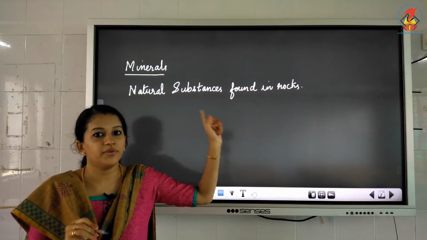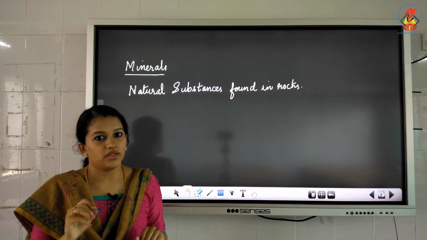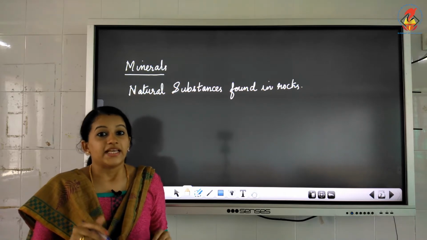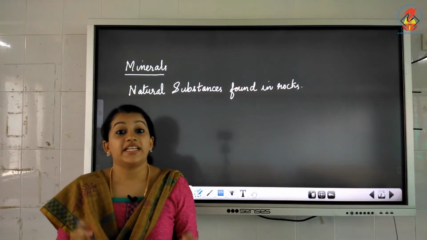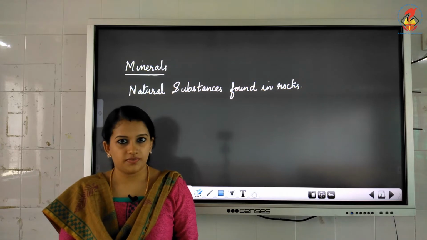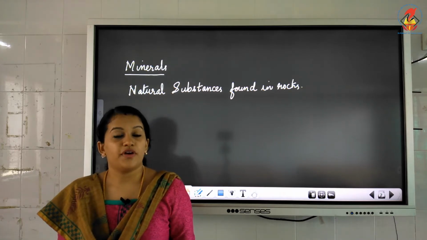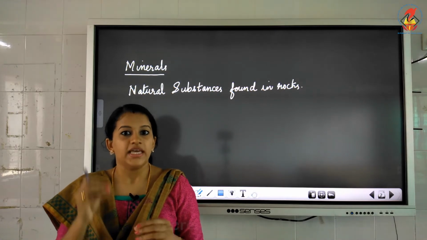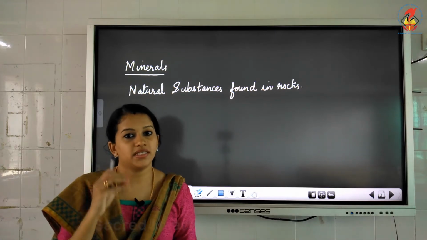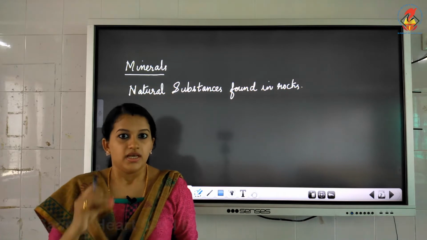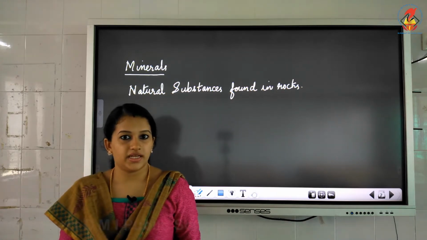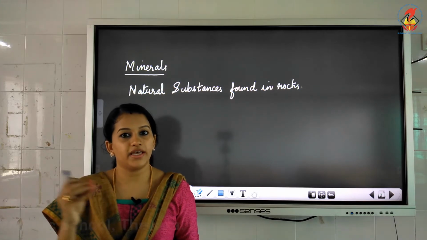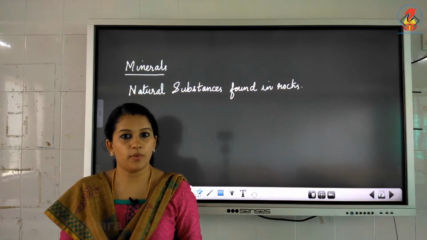Please underline the points that I am writing on the board in your textbook. Okay. So these minerals can be taken from these rocks. We can purify the rocks and then take out these minerals. In your textbook certain pictures are given: the picture of gold jewelry, aluminum foil, copper wire, meaning the electric wire made of copper.